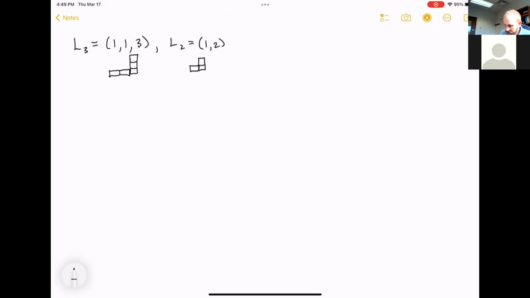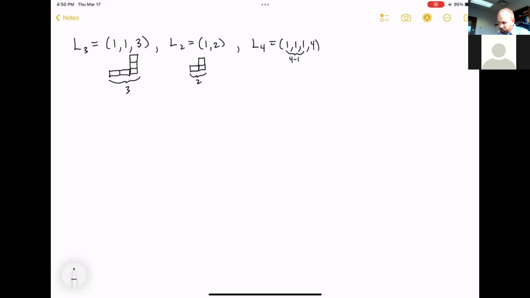Okay, so the whole point here is there's 2 here and there's 3 here, and you just start with a bunch of 1s. So L4 is going to be 1, 1, 1, 4, right? So you basically have n minus 1, right? So there's 4 minus 1 ones, and then the nth entry, the fourth entry, is 4.